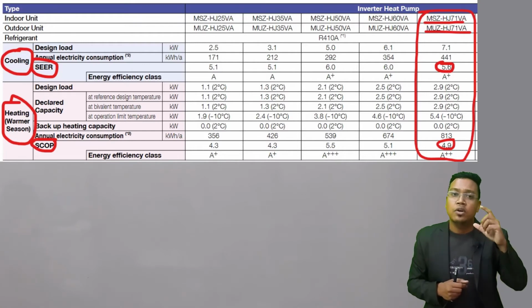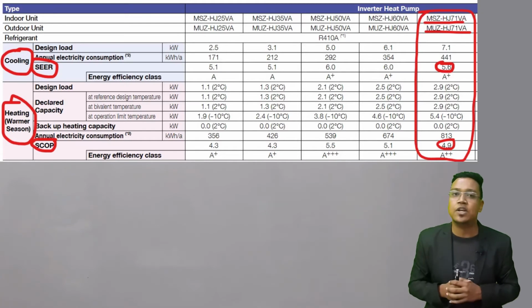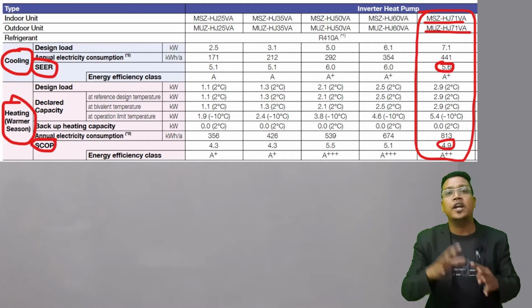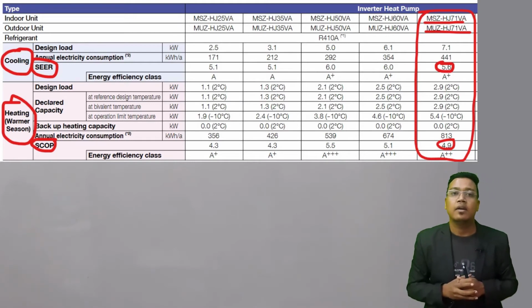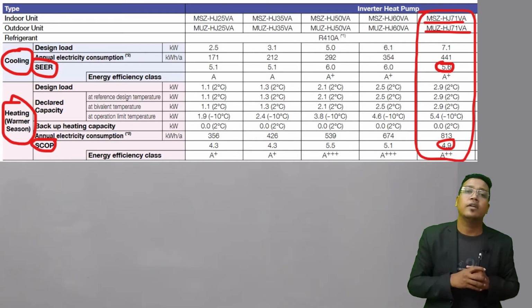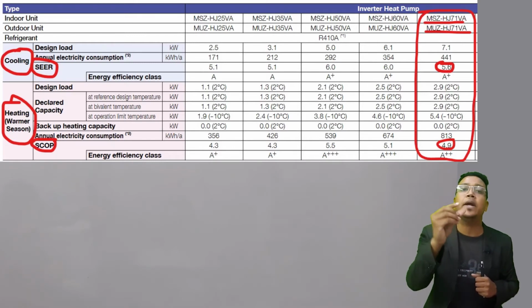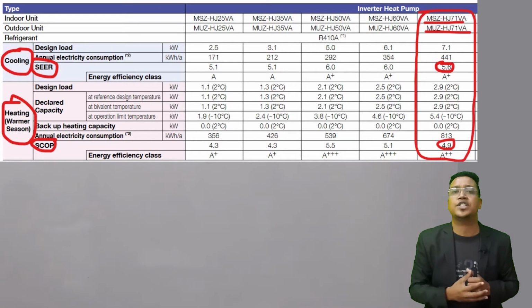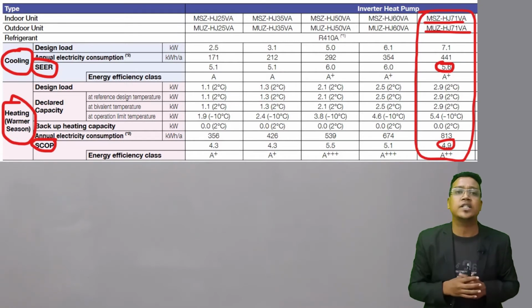If you remember the definition of EER, what was the definition of EER? EER was the definition for the amount of heat removed from a storing space per hour. Per hour, whatever amount of heat is removed, that is EER. That means for a shorter duration, 1 hour, 2 hour, 24 hour, we consider EER.